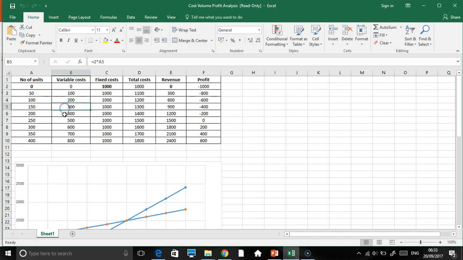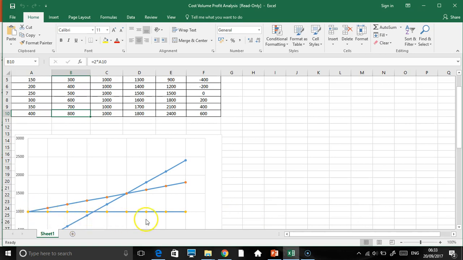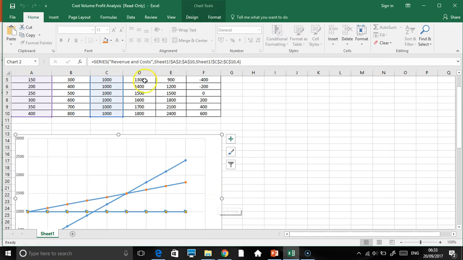You can see that's a nice correlation, increasing with the number of units, which you expect. But my fixed cost, of course, is always 1,000, and I've plotted that. That's this line here.